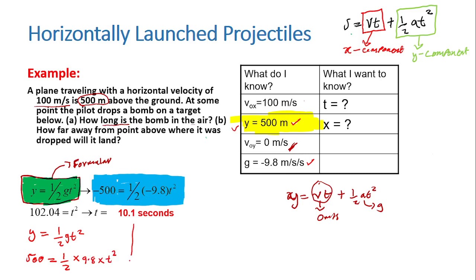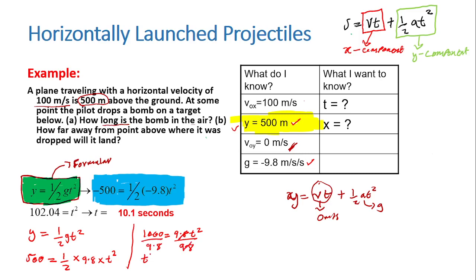From there, you're going to move 2 times 500, it's going to be 1000, and then there you have 9.8 t squared, and then there you can divide throughout by 9.8. This one and that one goes.